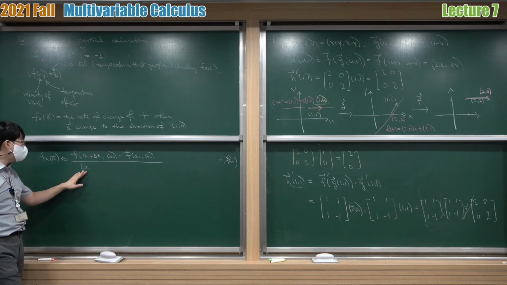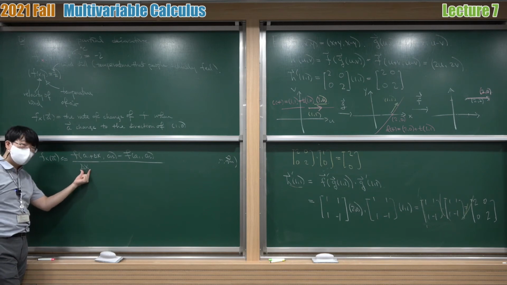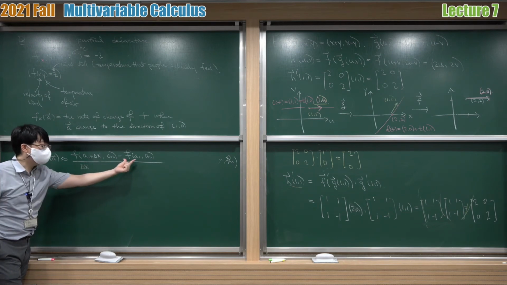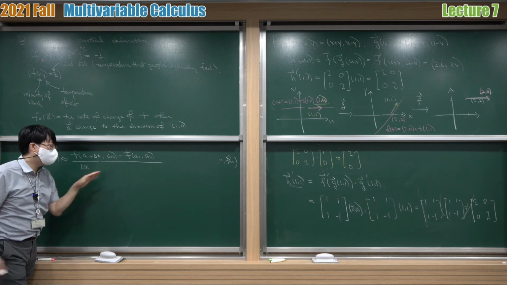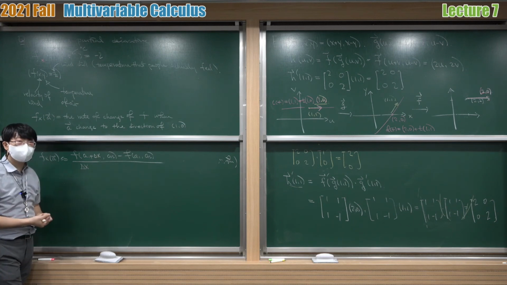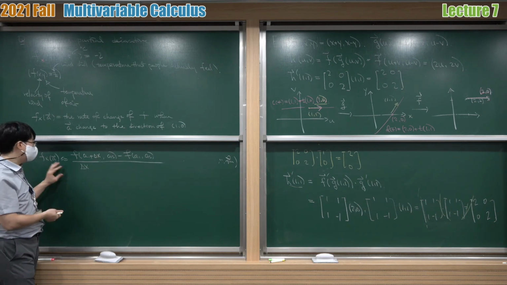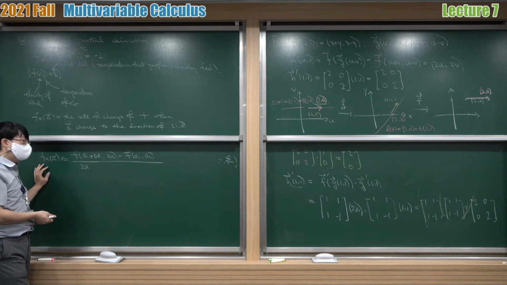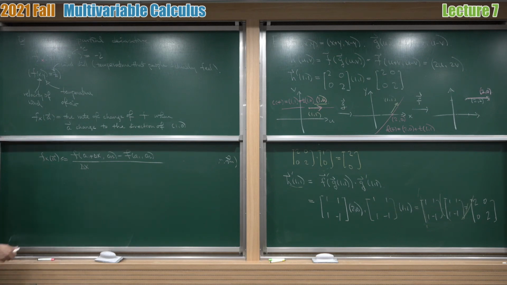When I change my value of x by delta x, I want to see how much the value of the function changes, and find the ratio between these two numbers. That's approximately the partial derivative.